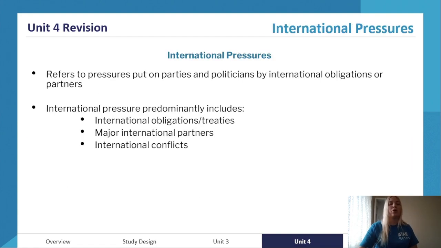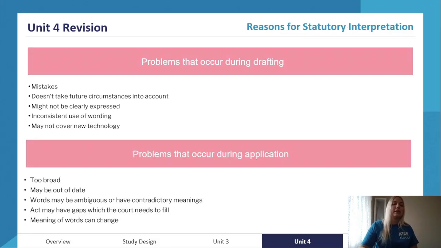An international conflict would be COVID-19, which resulted in the creation of a lot of different laws for isolation and quarantine. Major international partners would include countries like China, Japan, that we need to keep up a good relationship with, essentially.